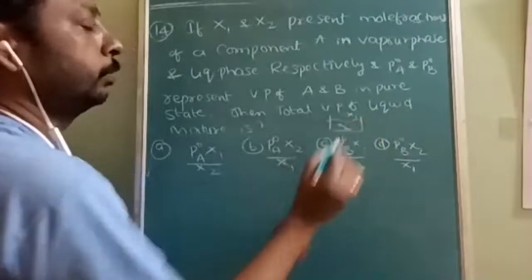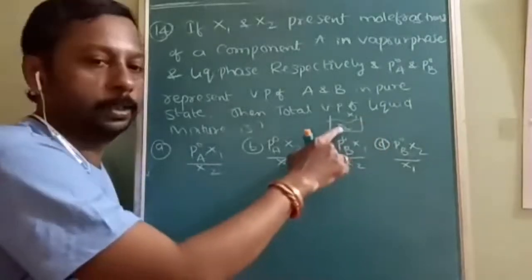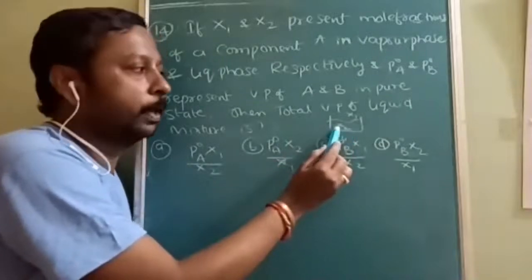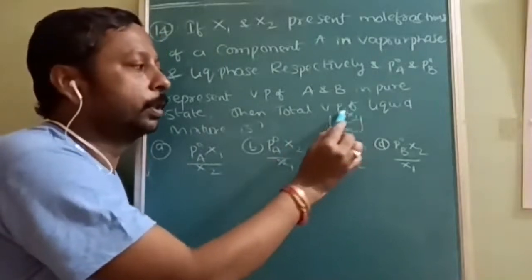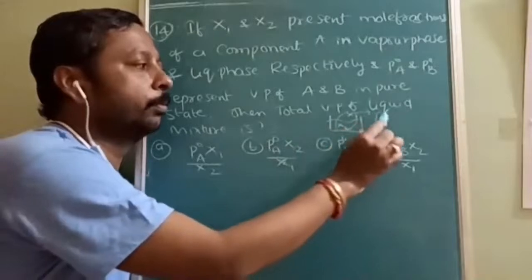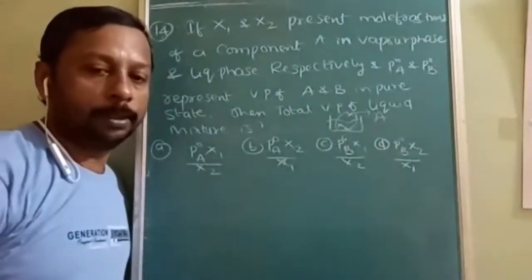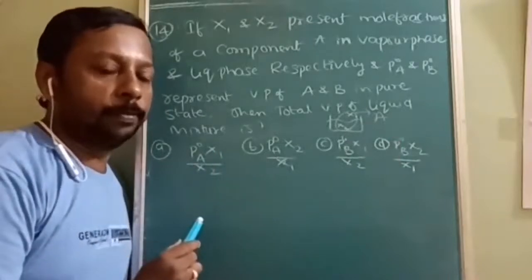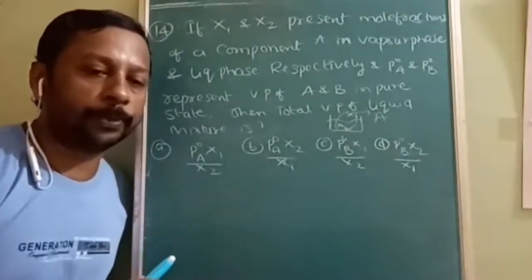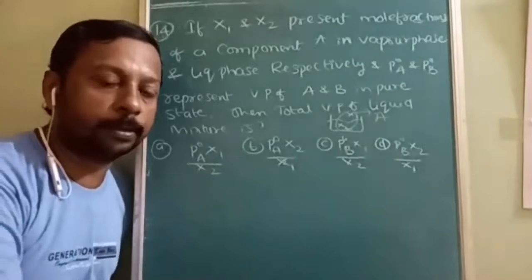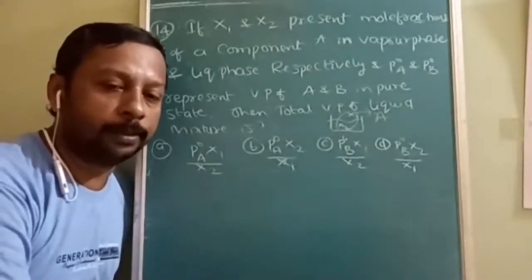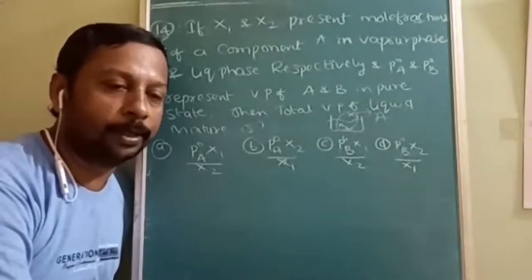In the liquid, the mole fraction is X2, and both are for A only. We want the total vapor pressure of the mixture. Note these values, try it, and then I will explain.